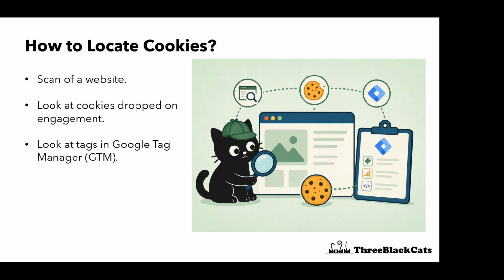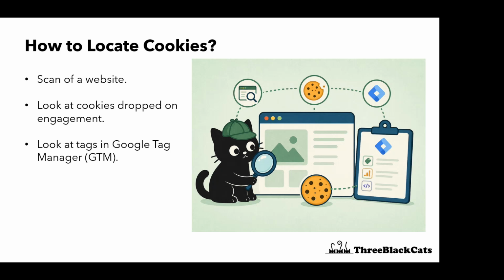So Google Tag Manager is a product that plugs into our website and allows us to call various scripts, so those pixels we're talking about, or particular bits of code that we might want, or to call cookies and drop cookies. So we might go through our Google Tag Manager and look for them there as well. Okay, so we've got a few places we want to look for them.